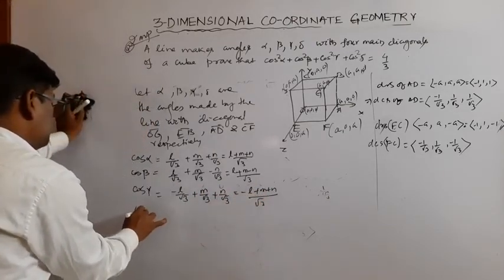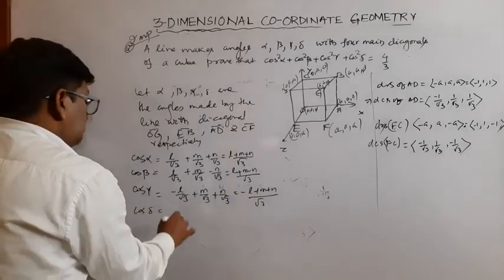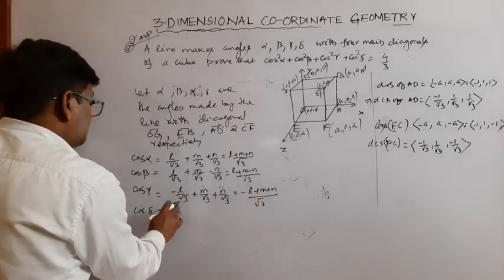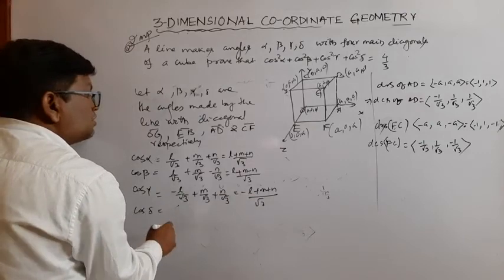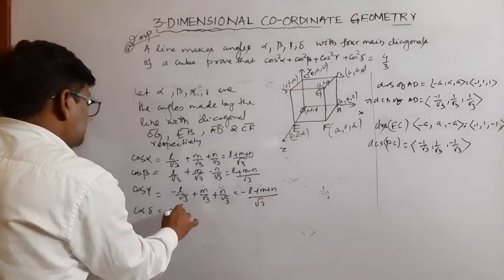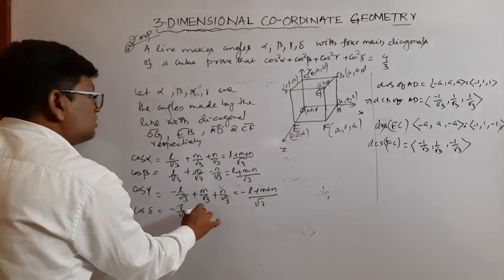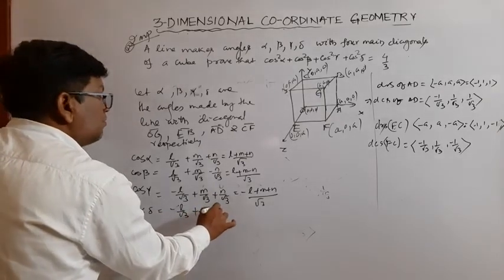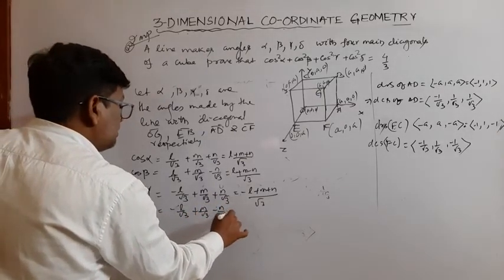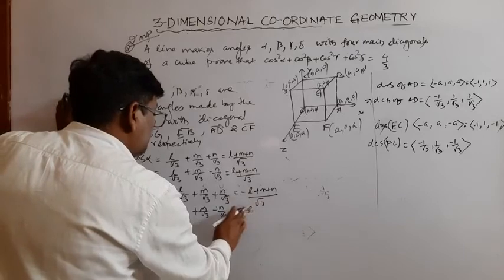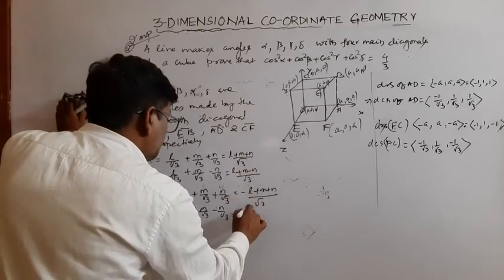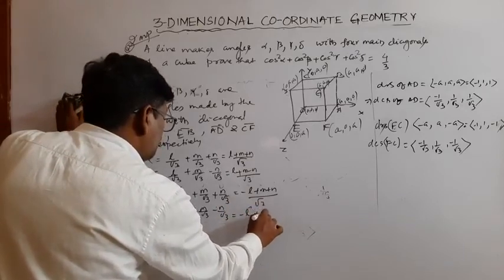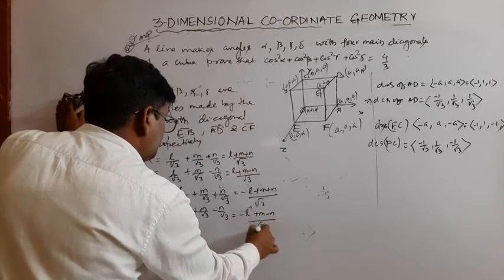And cos delta is equal to minus L by root 3 plus M by root 3 minus N by root 3, that is minus L plus M minus N by root 3.